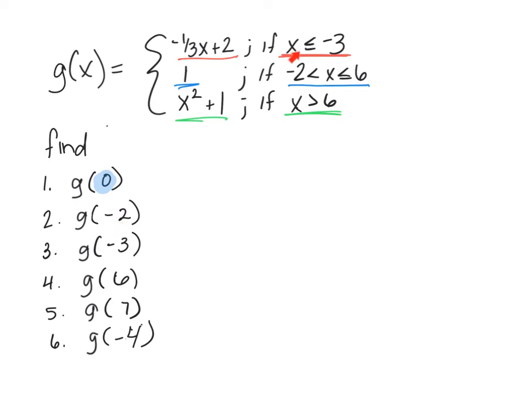Well, negative 2 is not less than or equal to negative 3, and negative 2 is not greater than negative 2, and it's definitely not greater than 6. So we have no place for the negative 2. It doesn't fit anywhere in the domains, so this one is undefined.